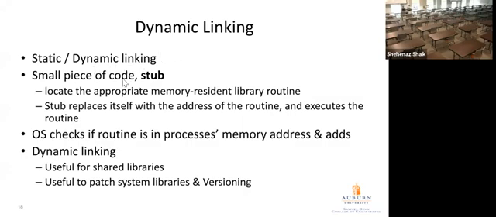That is referred to as dynamic linking, where as part of linking, instead of including a copy of the entire library modules in the address space of each process, we simply include what we call a stub.